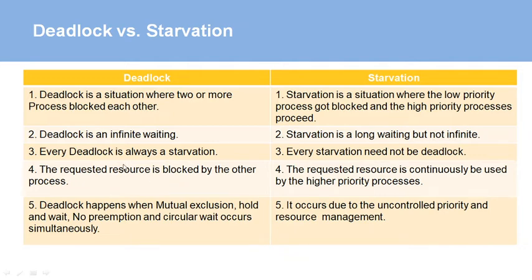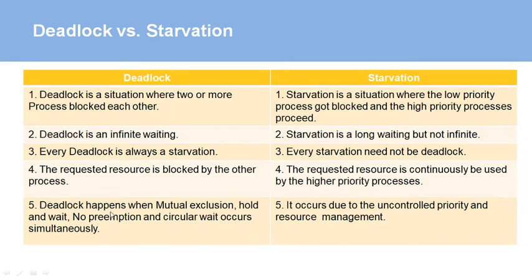Next, every deadlock is always a starvation, but every starvation is not a deadlock. The requested resources are blocked by the other process in case of deadlock, whereas in starvation the requested resources are continuously being used by the higher priority processes. So that is the difference.